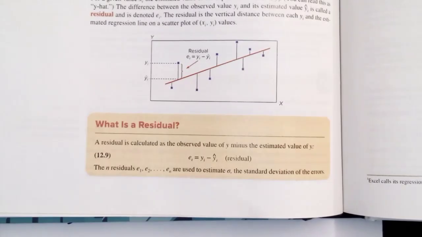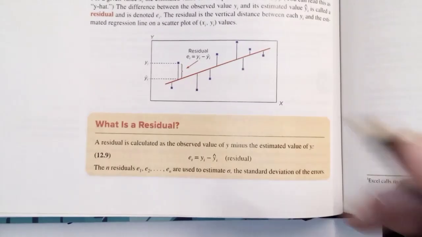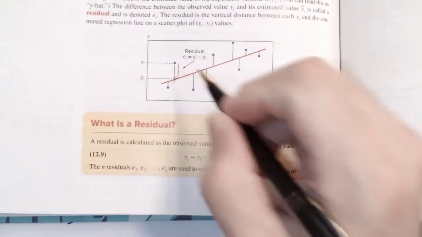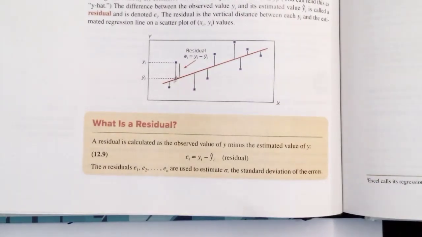This dot right here, that's y2 hat. Why is it y2 hat? Because x1 would be the leftmost value. This is the second value, that's x2. But y2 itself is actually up here. The residual is the gap between those two.